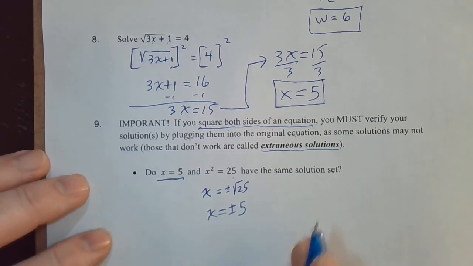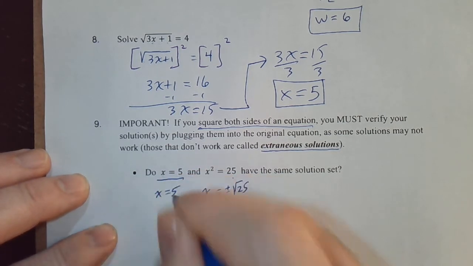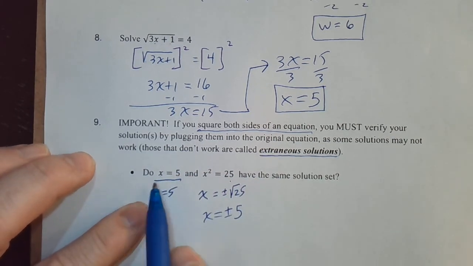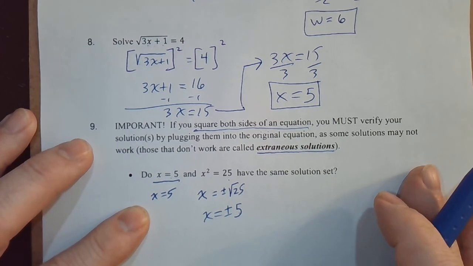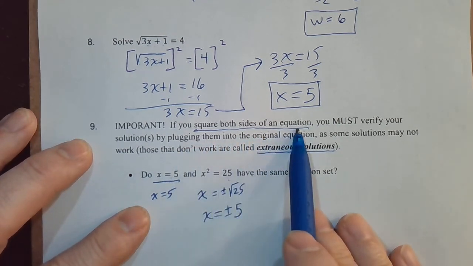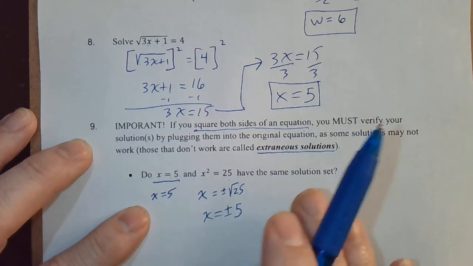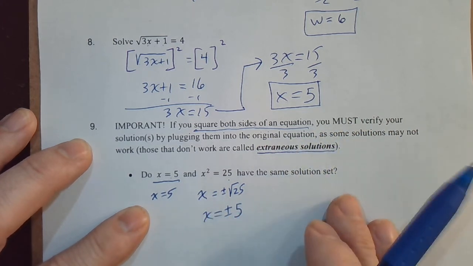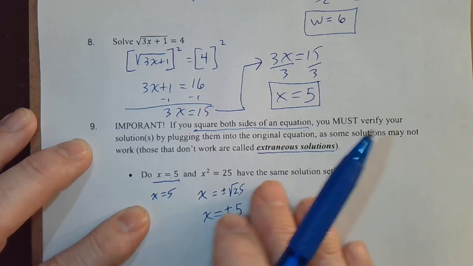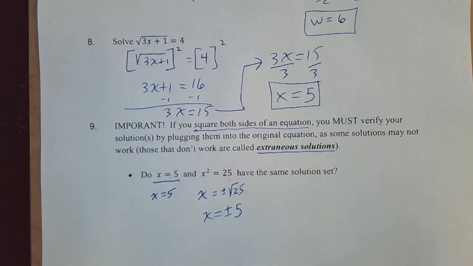So you see what happened? The solution over here is just x equals 5. If you square both sides, we got an extra solution, the negative 5, that does not work in the original equation. So if you ever square both sides of an equation, for the solutions that you get, whether it's one number or two numbers, you need to plug all of them into the original equation to see if it really works.